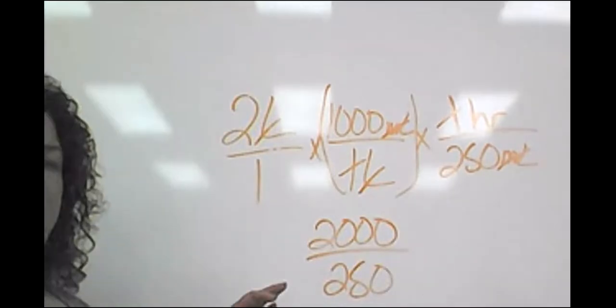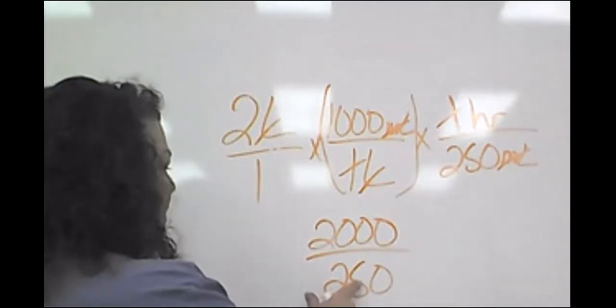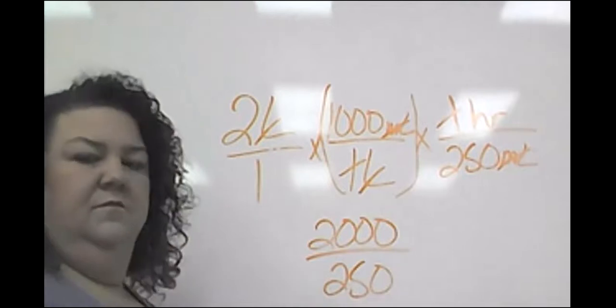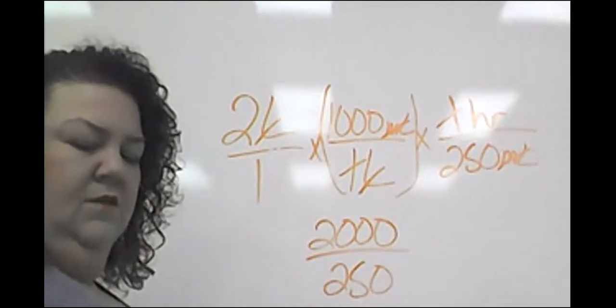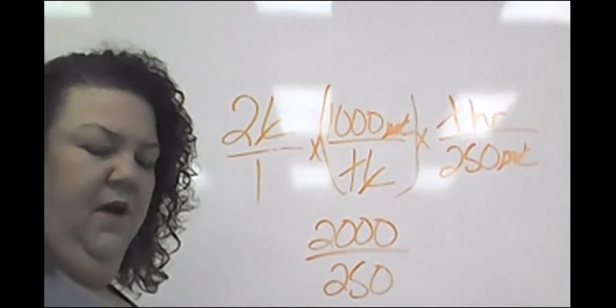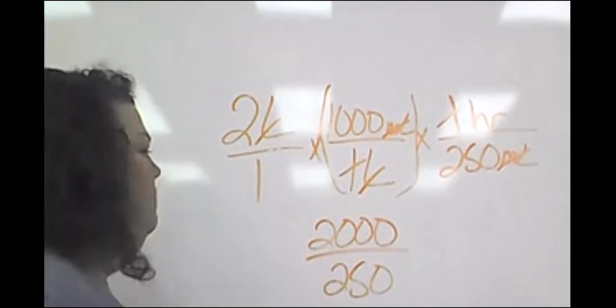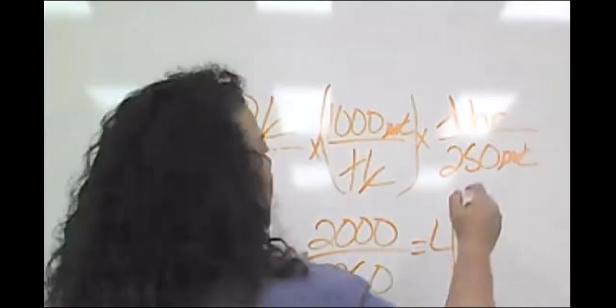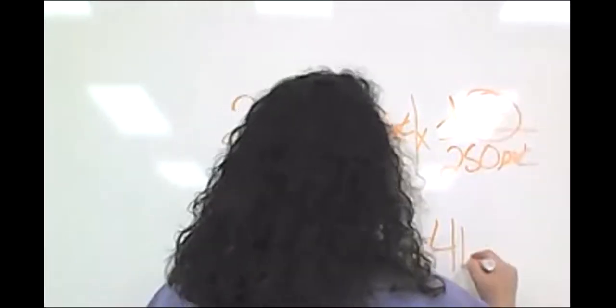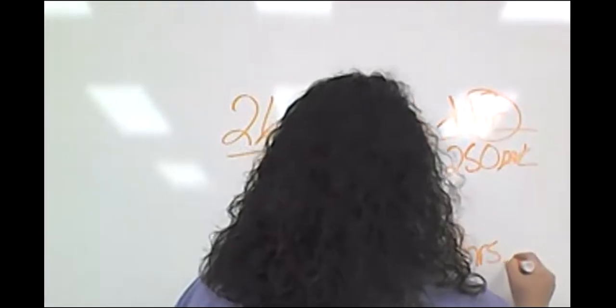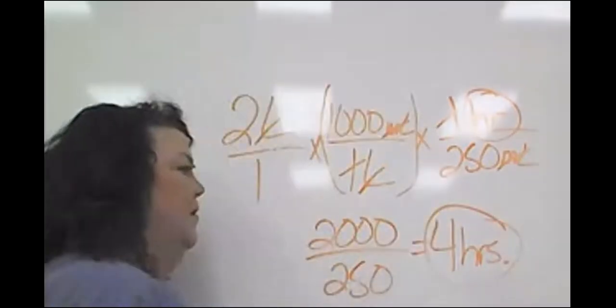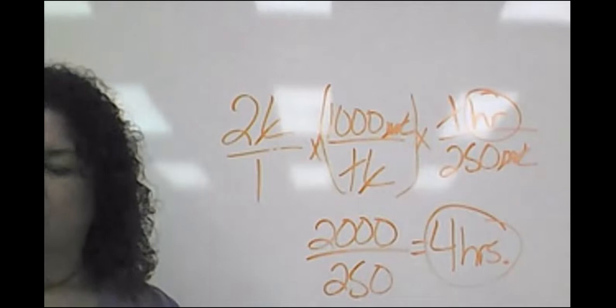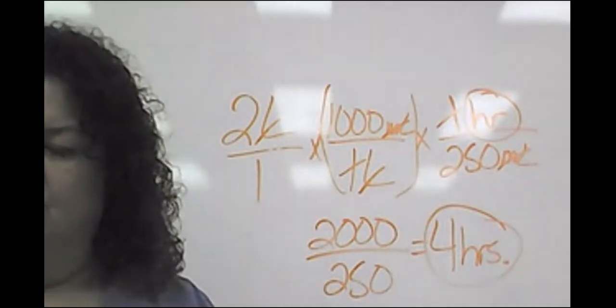So it should bring you to 2,000 over 250, and that's a 5, I apologize. So 1,000 divided by 250 equals 4. And this is 4 hours, because that's the only unit of measure I had left. So it would take 4 hours for that to run.